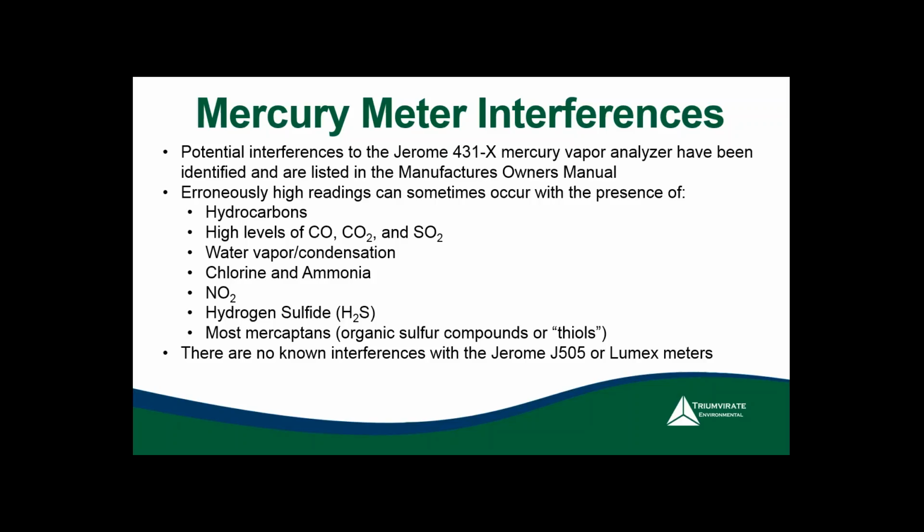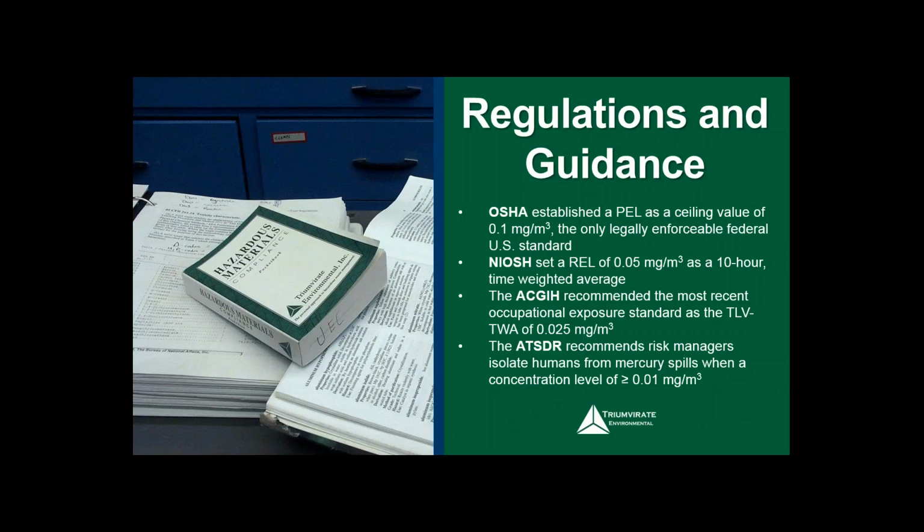These interferences are common to the natural environment in areas where mercury remediation is usually necessary, such as laboratory waste piping, chemical laboratories, mechanical aerators, etc. So that is why Triumvirate uses the J505 for the Jerome, because there are no known interferences to that or the Lumex meters.